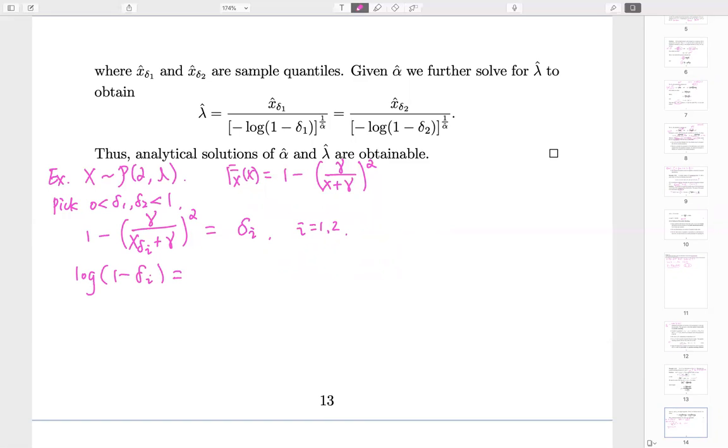and since we take a log, alpha will come in front. And obviously we can do a ratio to get rid of alpha. Then I have this.